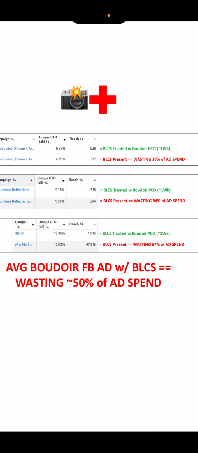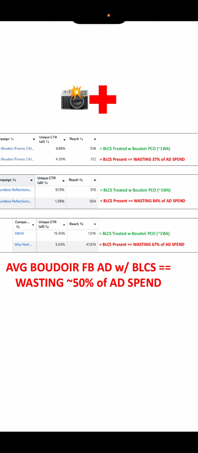Now, what we found with this Boudoir Pico treated ad is the old ad was wasting 37% of their ad spend. It was being wasted on so many more women scrolling on by, but we paid for those impressions. And so if they were spending 10 grand a month on Boudoir Facebook ads, now they can decrease their budget by that $3,700 a month, which was wasted.